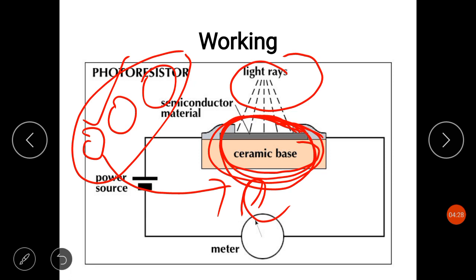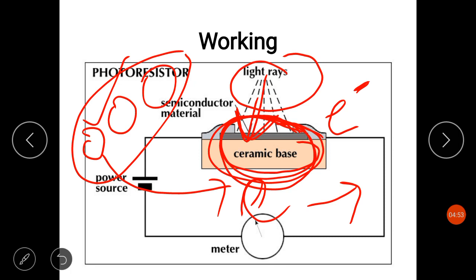Since after the striking of photons the number of free electrons has increased, this will increase the flow of current produced by the applied voltage. So what is happening? The radiations are striking the photosensitive material, and more and more electrons are coming out after breaking their covalent bonds, after gaining energy from the photons.